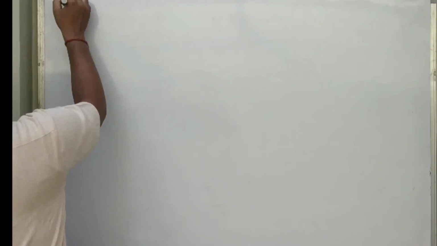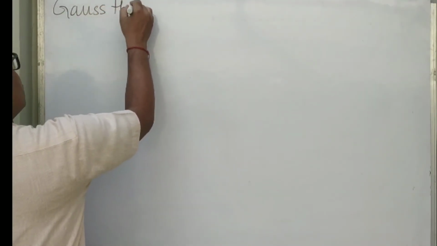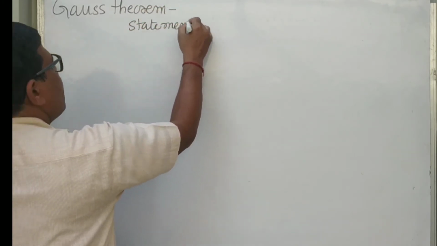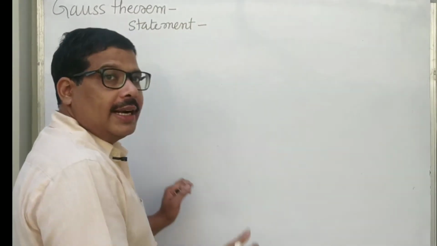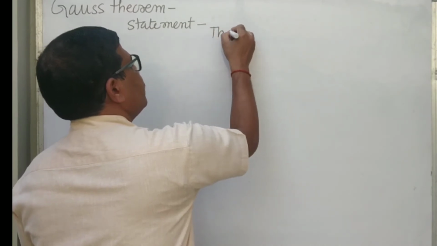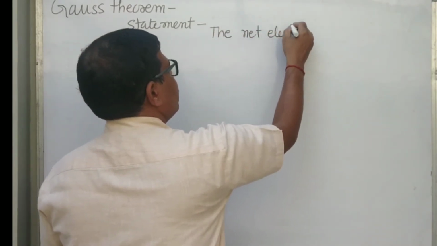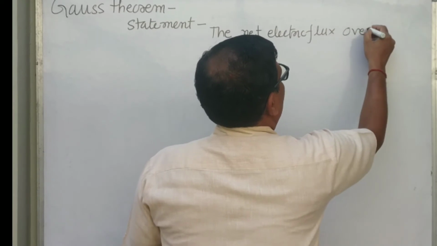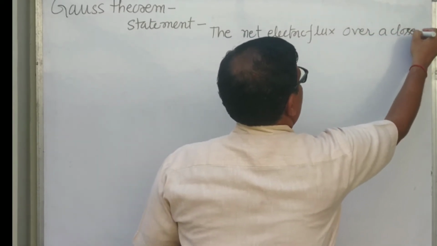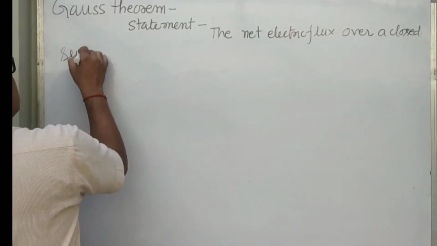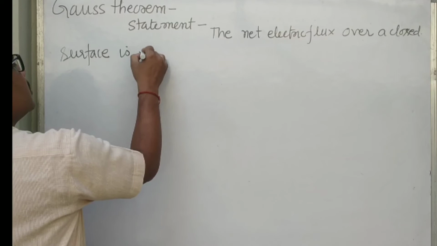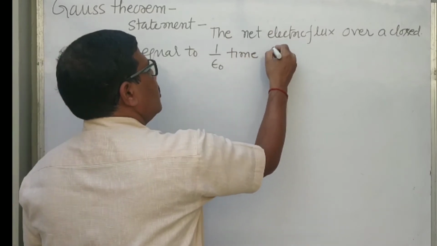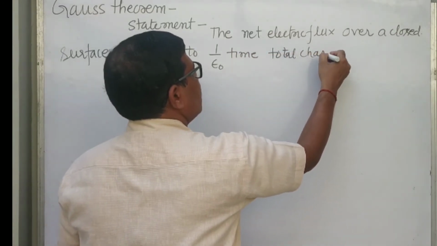Now Gauss's theorem. Statement: the net electric flux over a closed surface is equal to 1 upon epsilon naught times the total charge inside it.